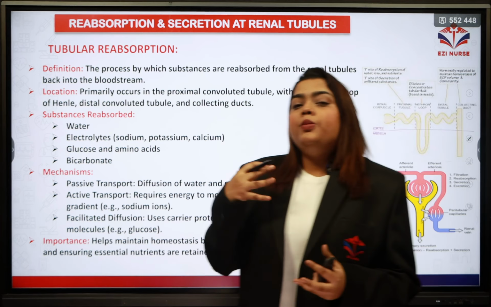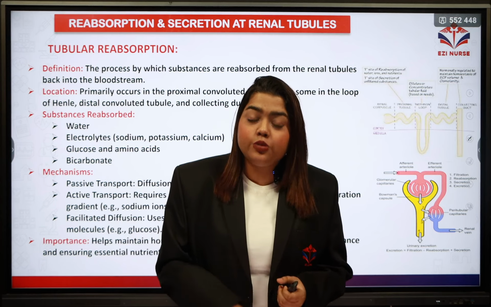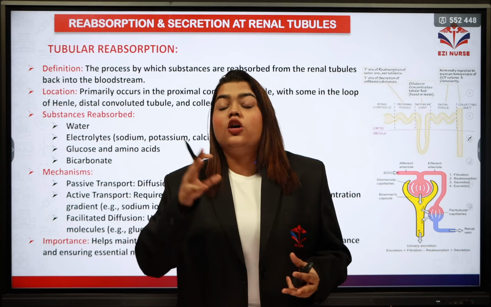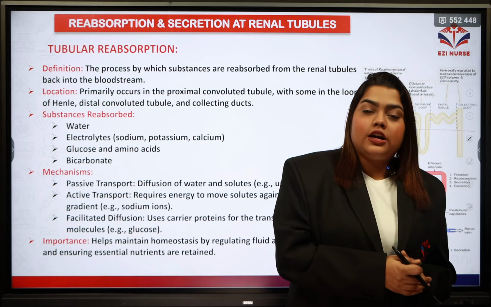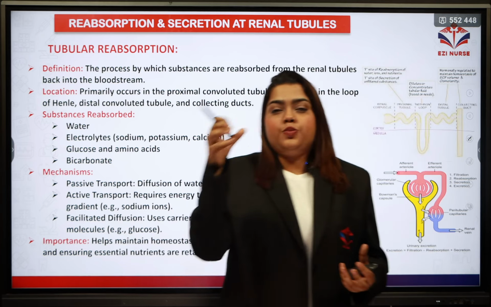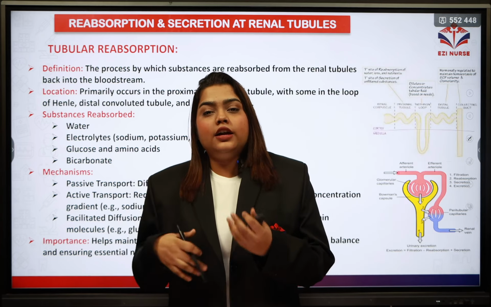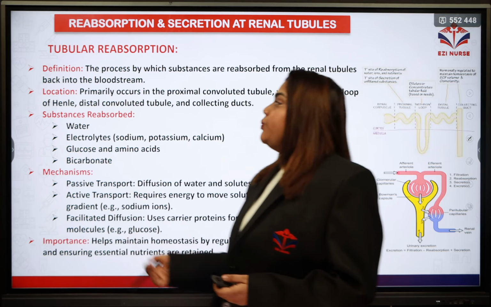Before the body throws out the urine, it goes through the tubules to check whether the concentration is perfect or whether there is excess product. If there is extra waste product, it will be inserted into the urine, and then the urine passes out of the body.